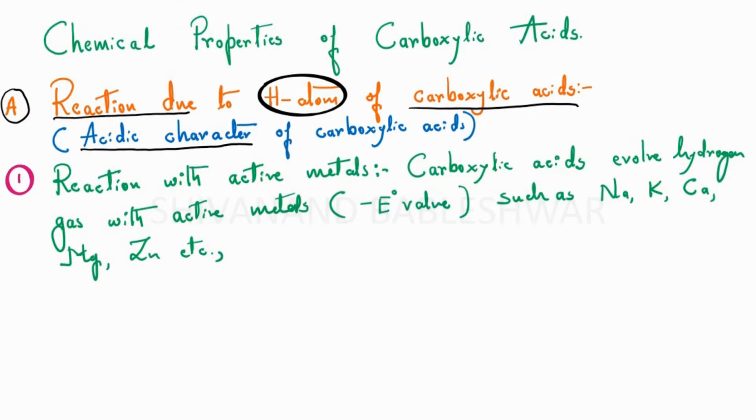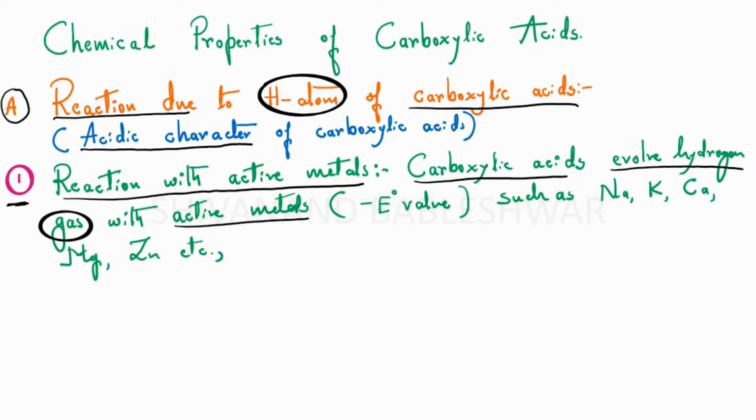Under this A, the first reaction is the reaction of carboxylic acids with active metals. Carboxylic acids evolve hydrogen gas when treated with active metals.